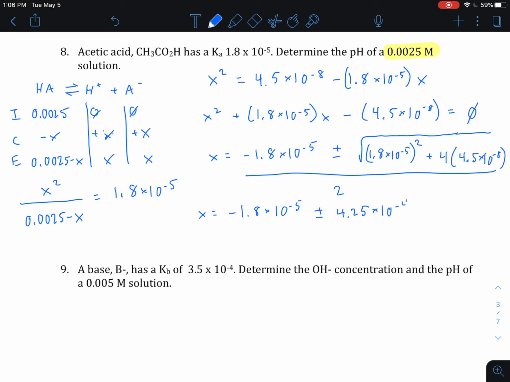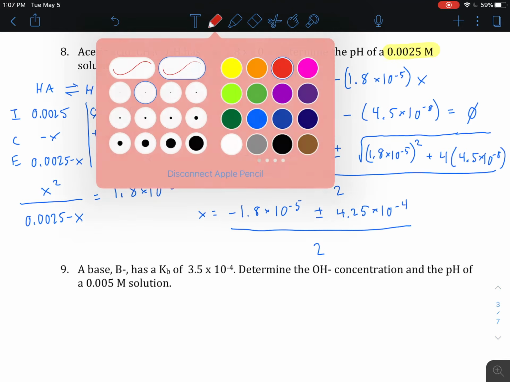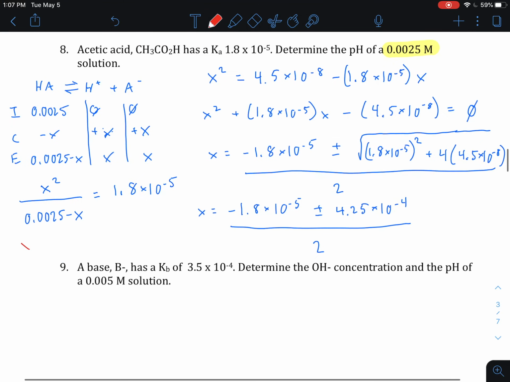And I got 4.25 times 10 to the negative 4, all divided by 2. And we're going to want the positive root again. Let's see what I get here.